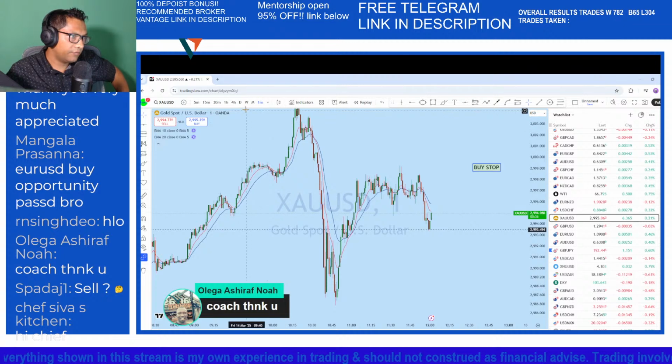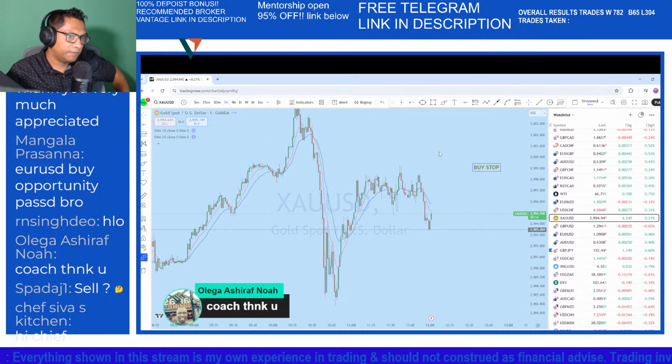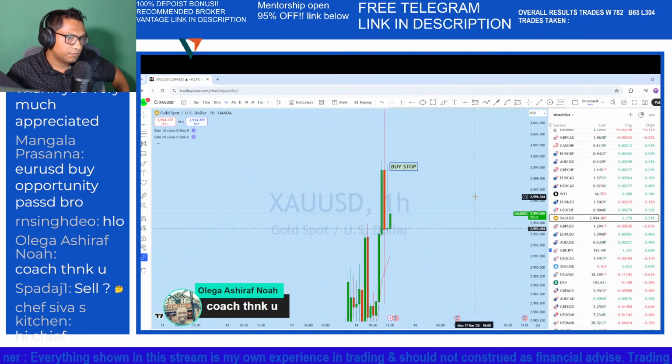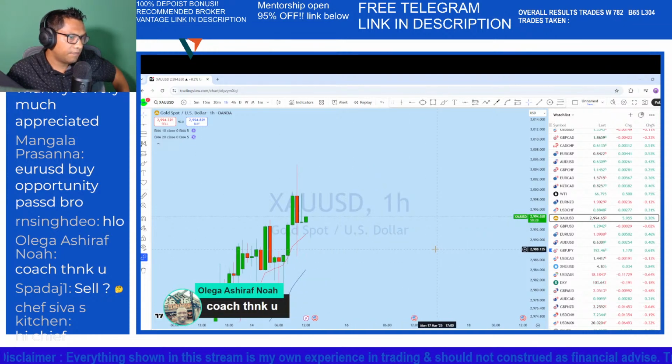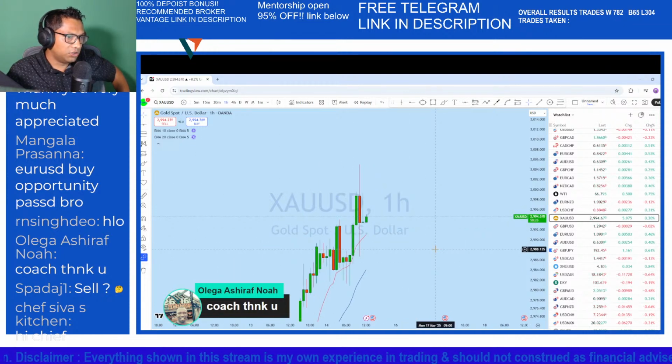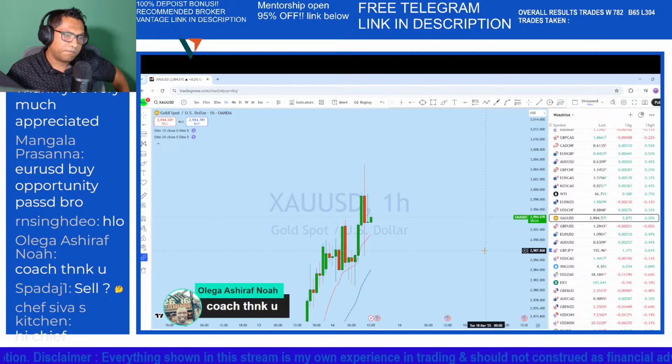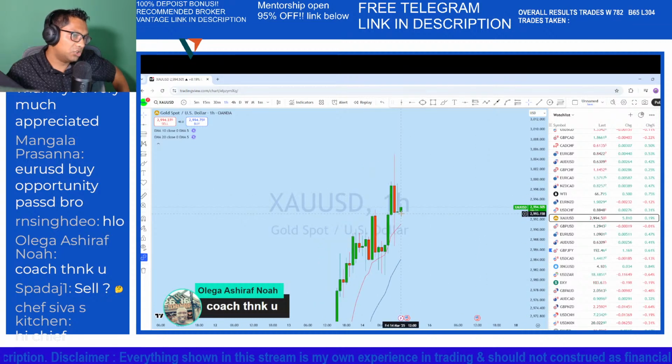Now from here, from the 1 hour, let's delete that one here. With this doji from the 1 hour, it may not find a very strong bounce.